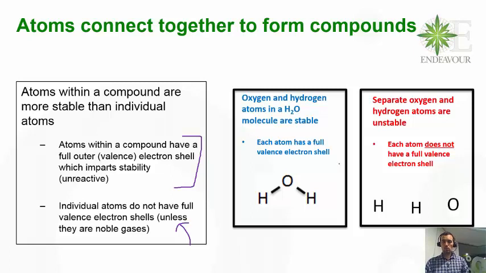If we compare that to each of these individual atoms on their own, not bonded together, that means the atoms do not have full valence electron shells, which makes them less stable. So we can say that the individual atoms are unstable compared to the stable atoms that are a part of the water molecule. So this is the inherent reason as to why compounds are formed. Atoms come together to form the bonds that make them more stable to get the full valence electron shell.